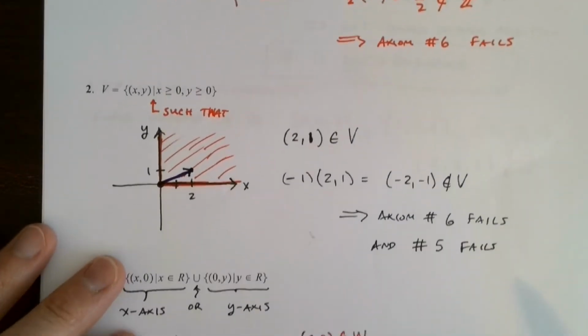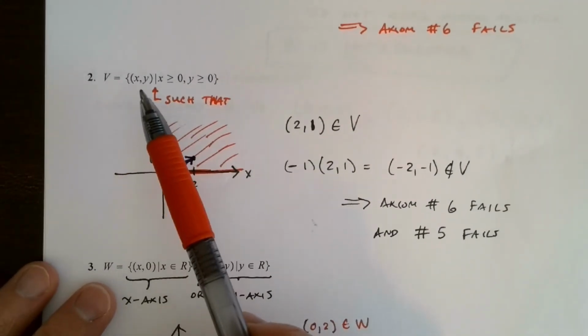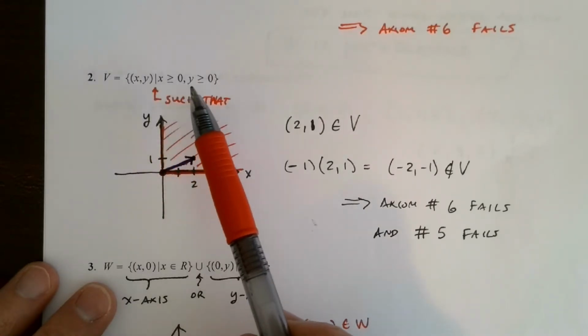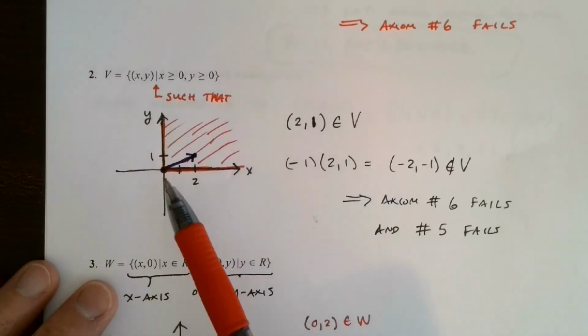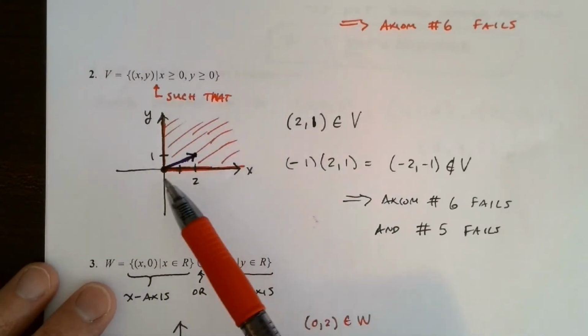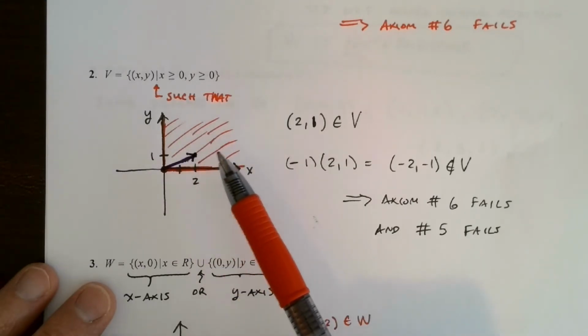Here's another example. Is this set a vector space? And the answer is it's not. It's the set of all ordered pairs such that the x and y values are greater than or equal to 0. And we can visualize this graphically in the xy plane as being every vector or point in the first quadrant.